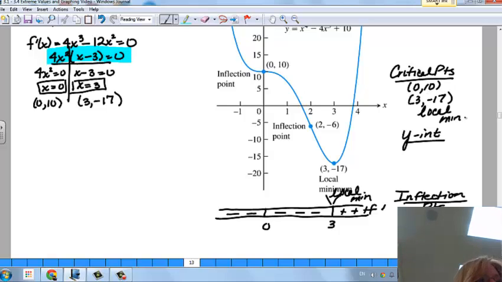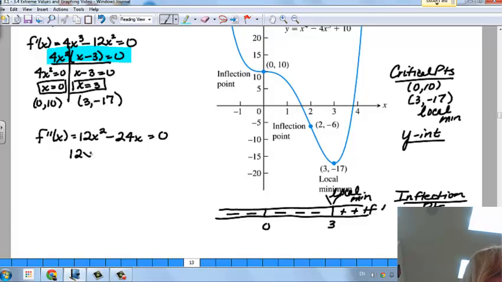Okay? Now the next thing we're going to do, this is new, we're going to find the inflection points, or the change in concavity. So I'm going to do f double prime of x, which is the second derivative of this first derivative, and we're going to put it equal to 0. I'm going to factor out a 12x here, so I have x minus 2 equals 0. 12x equals 0, x equals 0.